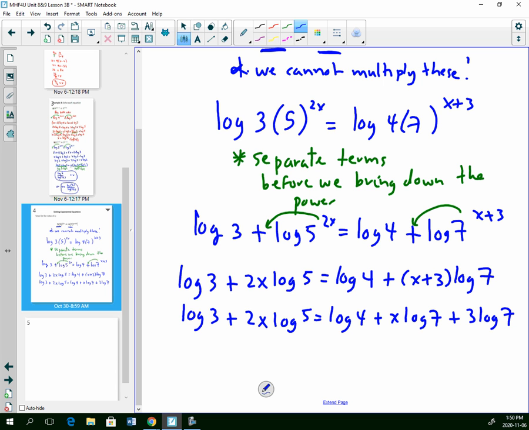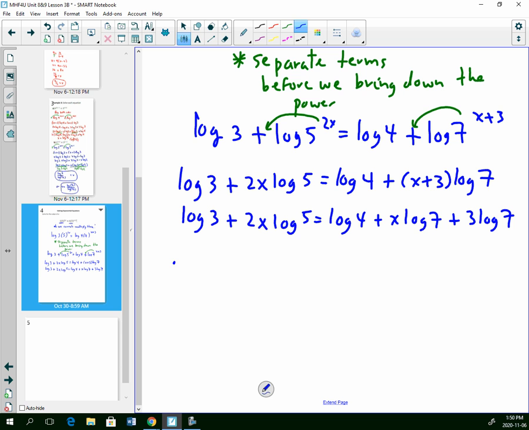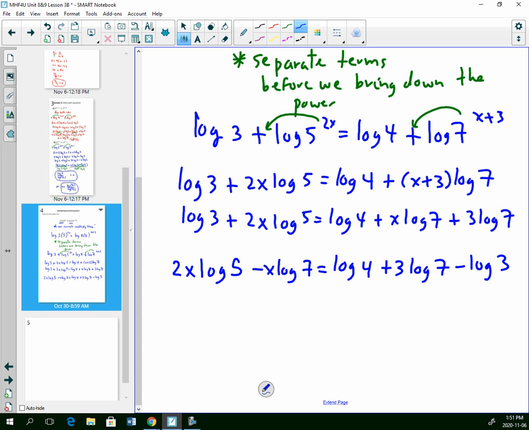Then we want to bring terms that contain a variable to the same side. So I'm going to go to the left. And any terms that don't contain a variable, I'm going to move to the right. Then we will factor out the x.